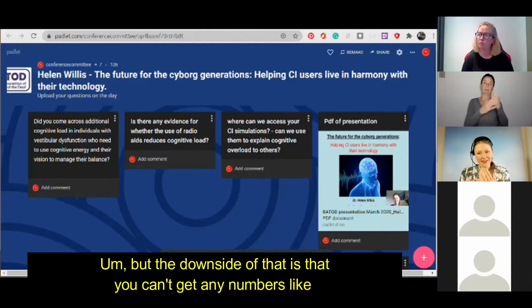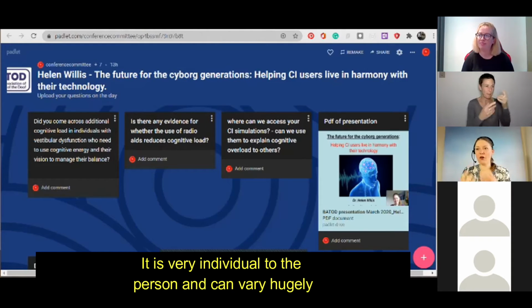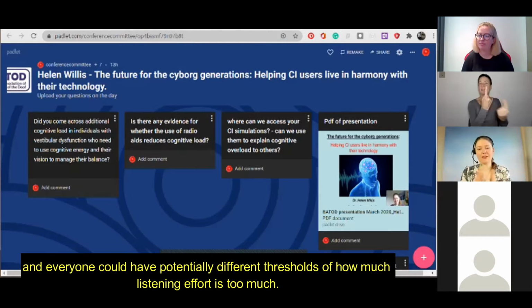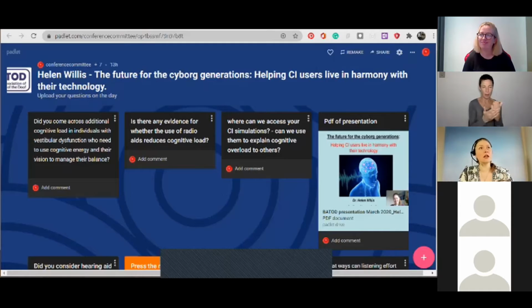But the downside is you can't get proper scientific numbers or empirical evidence from it. It's very individual to the person and can vary hugely. Everyone could have different thresholds of how much listening effort is too much, so it's quite difficult to get a real comparative measure.